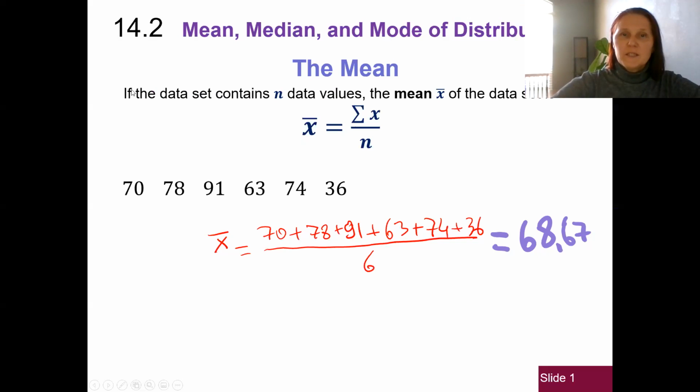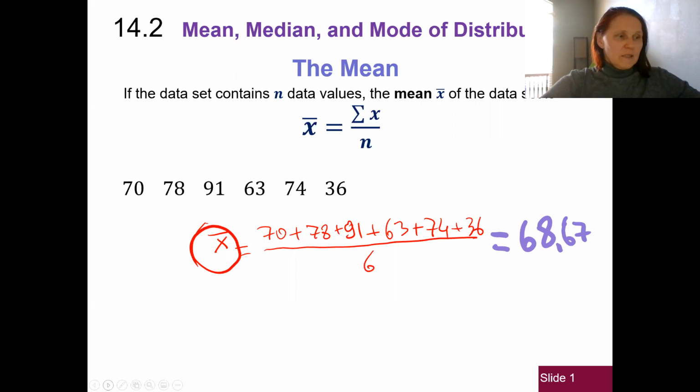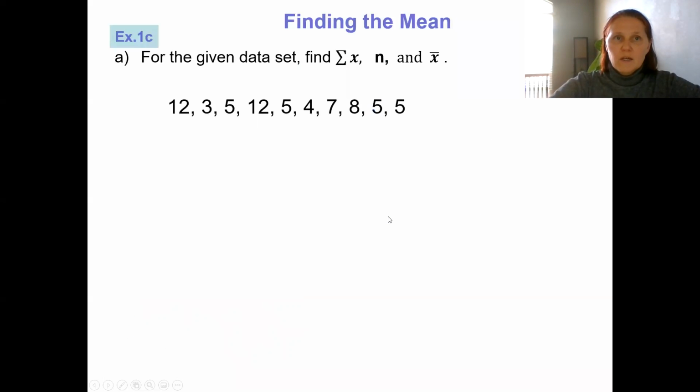And we use the letter X bar to denote the mean, if it is the mean of a sample, part of the population. For the given data set, find the sum of X.